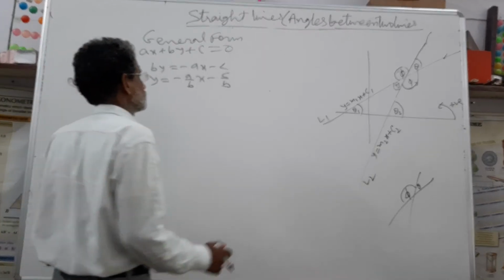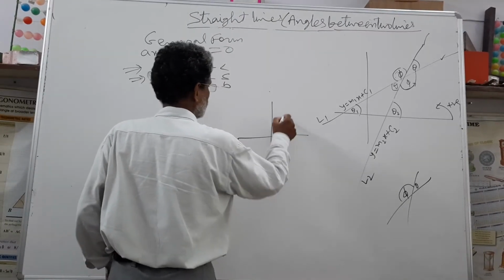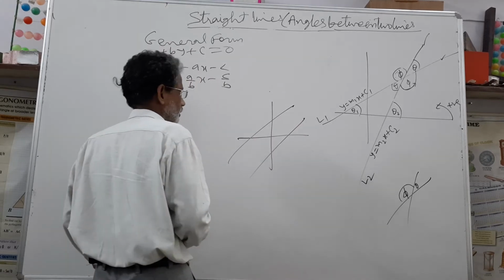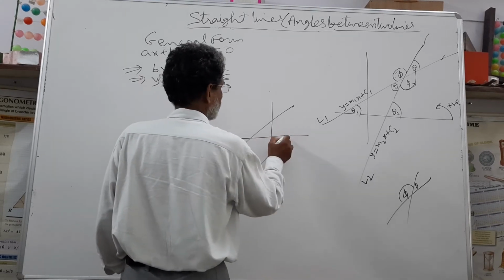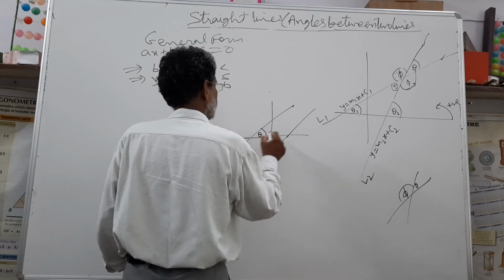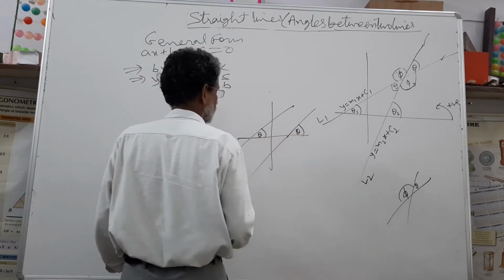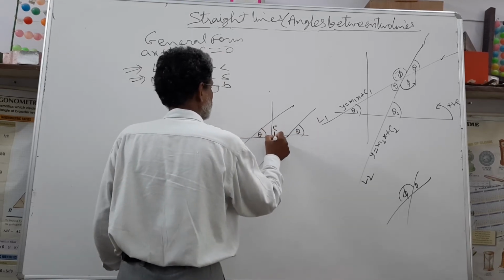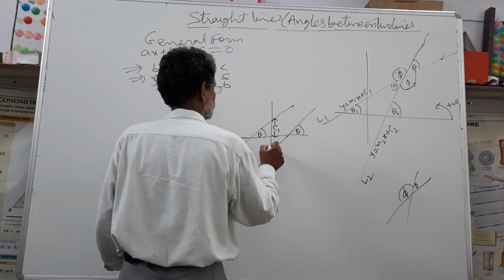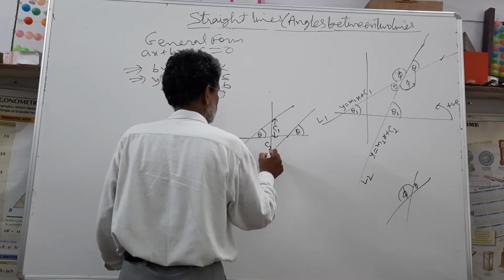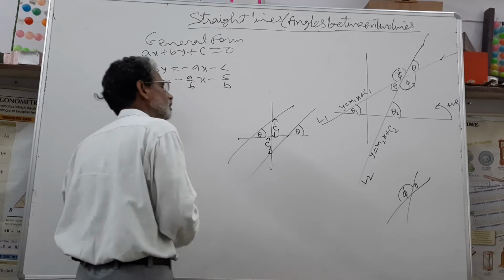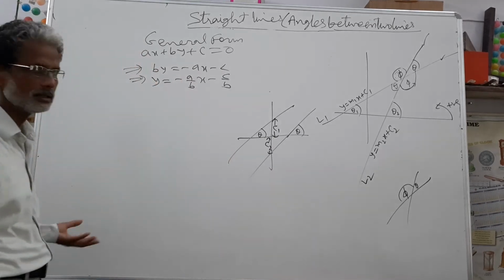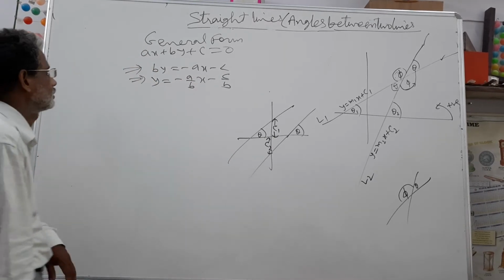Now, as you know, for parallel lines m is the same but c may be different. C may be different, always different. If the lines coincide, then it is the same, otherwise different.